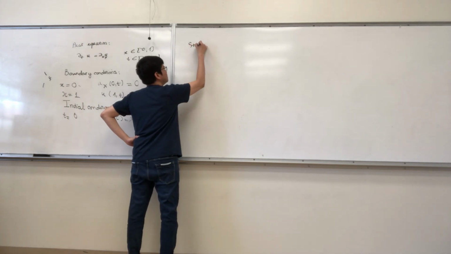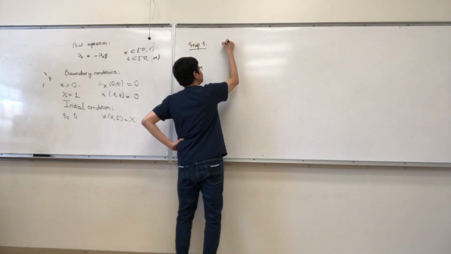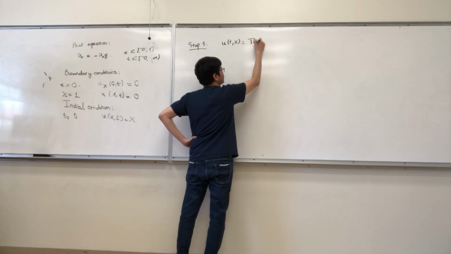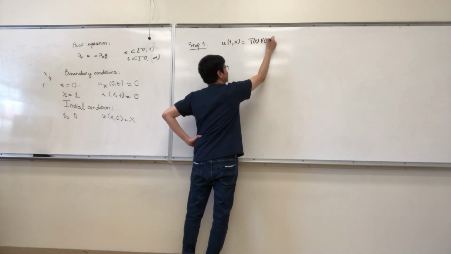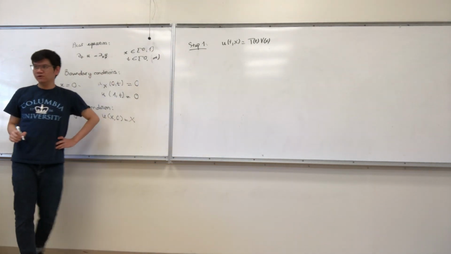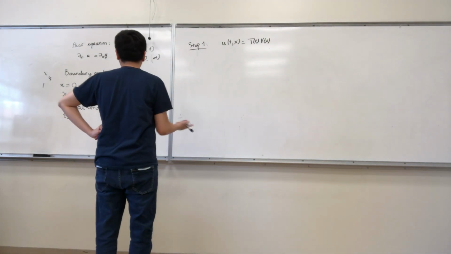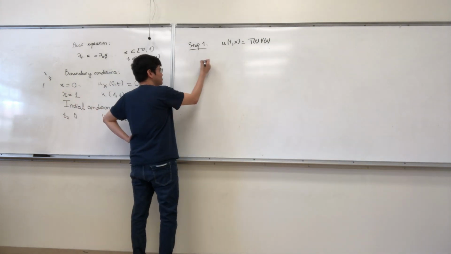So we have three steps. Step number 1, you're going to split u(t, x) to be T(t) times V(x). All right, so this is separable. So when you do this, you're going to obtain a system of two equations, right?